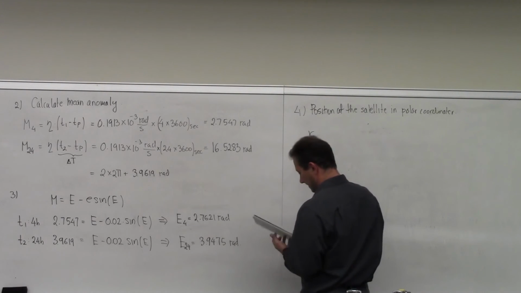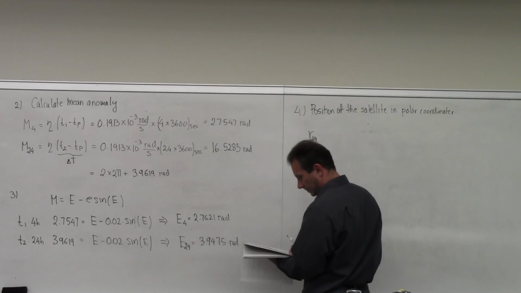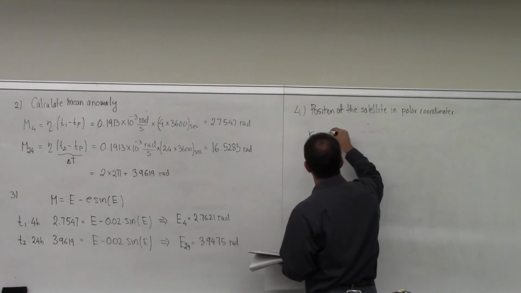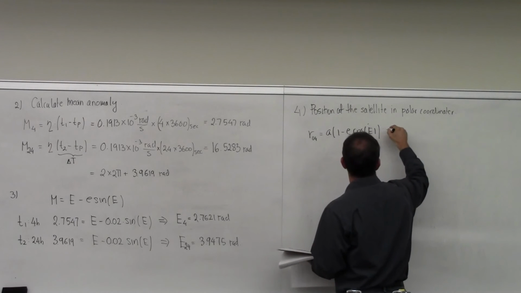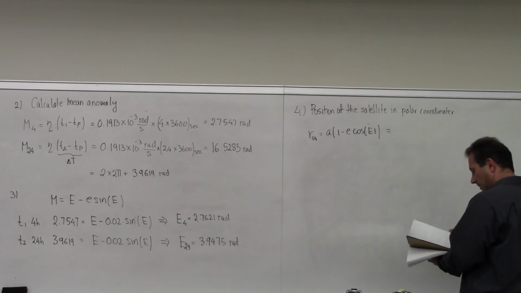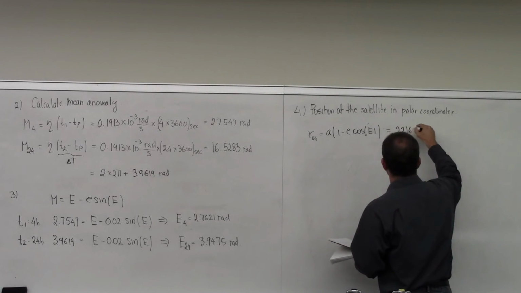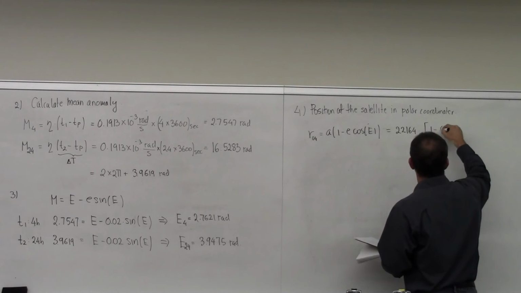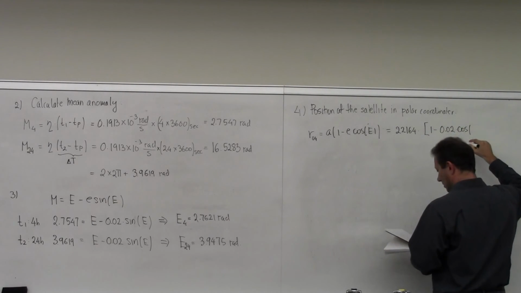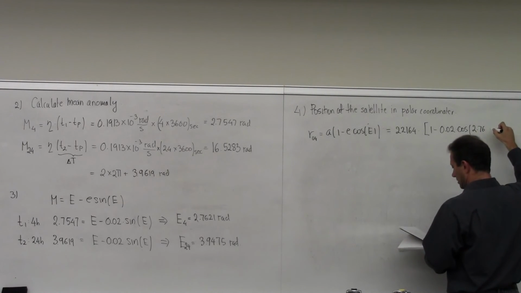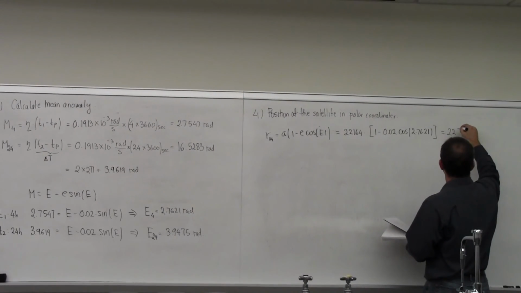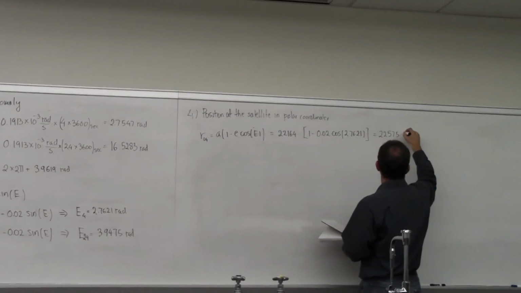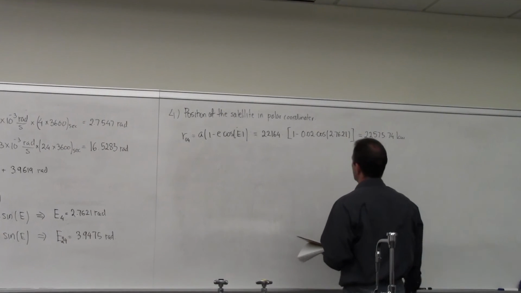This is equal to, I gave you those equations on the slide, a times 1 minus e cosine of E. So in our case here, this becomes 22,164 times 1 minus 0.02 times cosine of 2.7621 radians, and this gives you 22,575.74 kilometers. So this is how far the satellite is going to be.